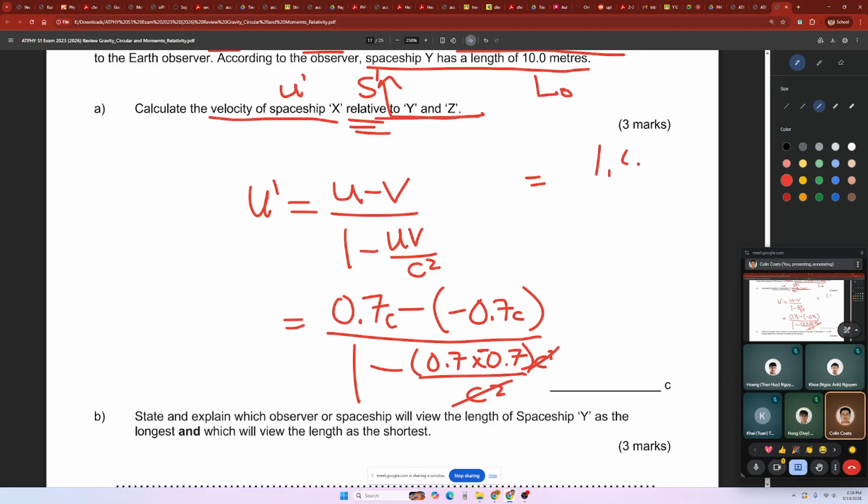So 1.4 divided by whatever that is, negative 0.49. And your answer should come out. You'll see that this comes out to a positive answer, 0.940, okay?